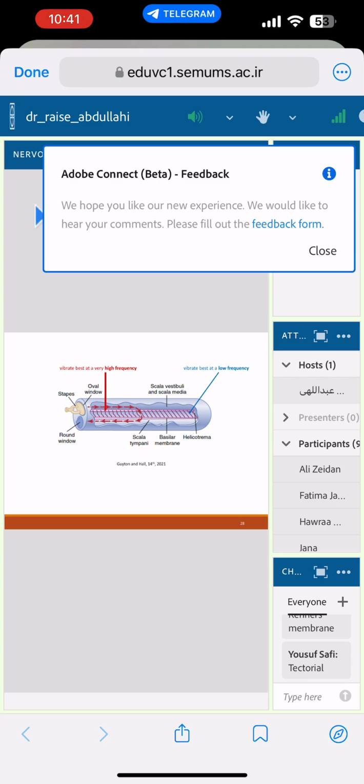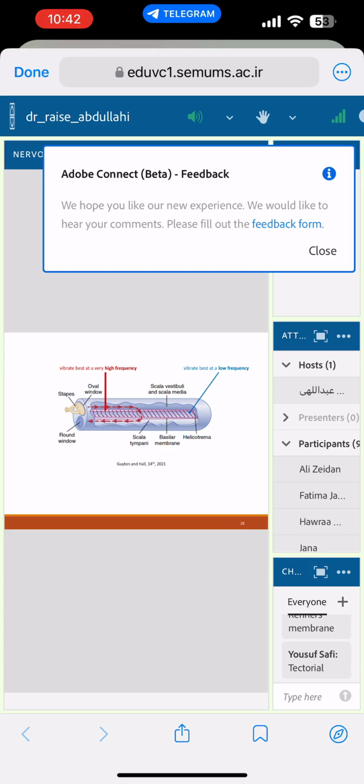So this part of the basilar membrane vibrates best at very high frequency, because these basilar fibers, which are located in the first part of the basilar membrane, are shorter and thicker compared to these ones, which are longer and thinner. So these basilar fibers vibrate best at a low frequency.